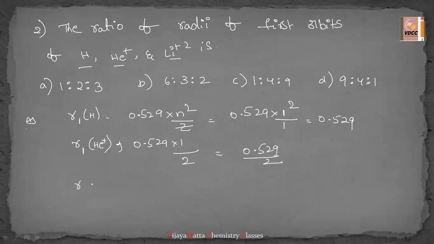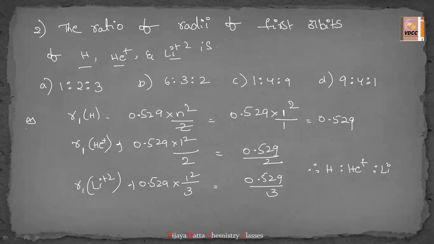For lithium plus 2, it is 1 square by 3, so 0.529 by 3. The ratio of hydrogen, helium plus and lithium plus 2 is 0.529 is to 0.529 by 2 is to 0.529 by 3. Cancelling, the ratio is 1 is to 1 by 2 is to 1 by 3.